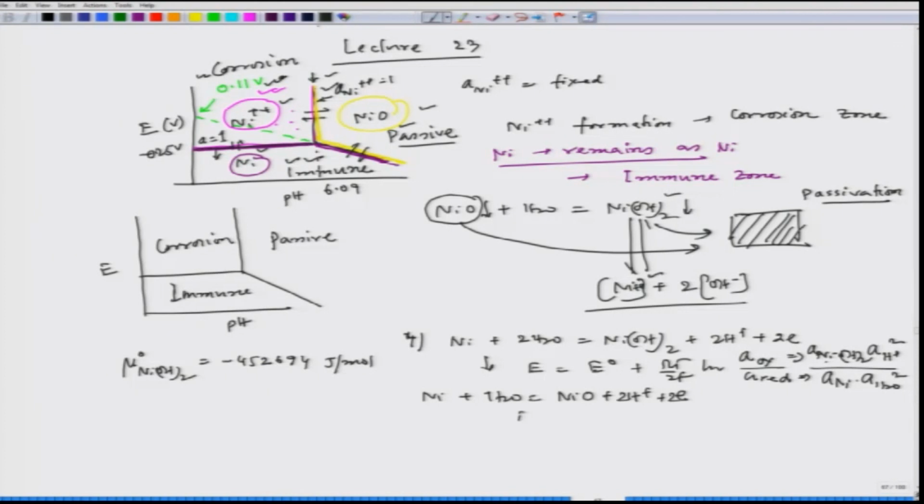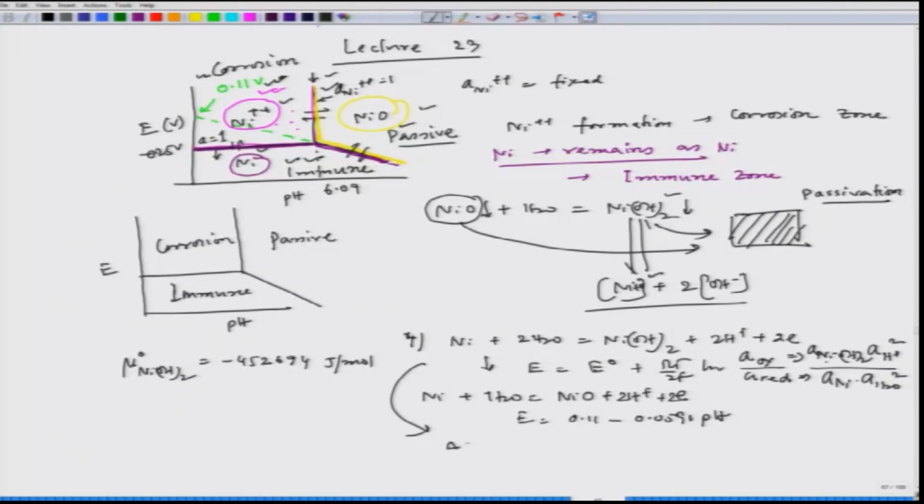So, if we go back, you will see that this value would be 0.11 minus 0.0591 pH. Here also you will get the same value. Let us do that calculation.